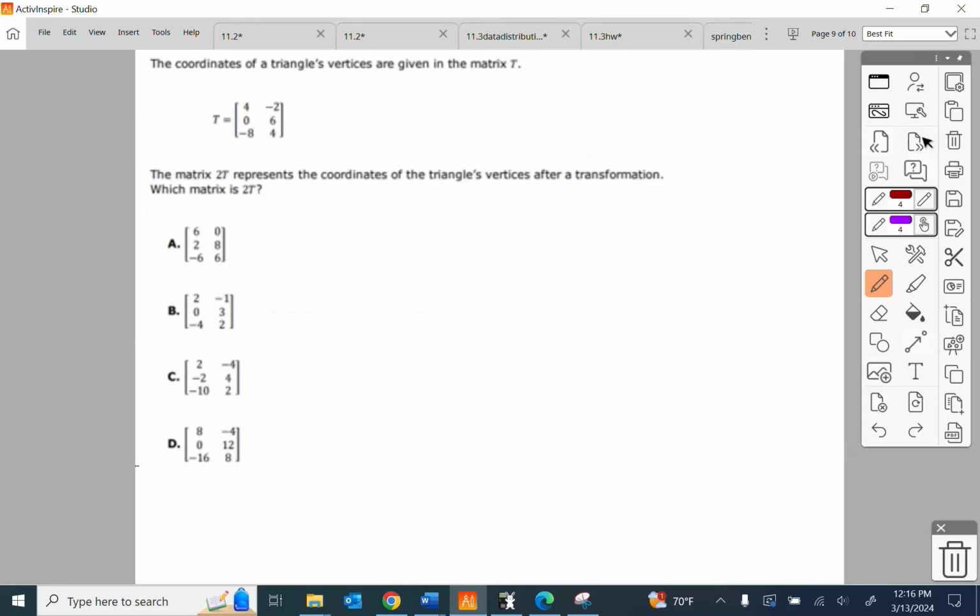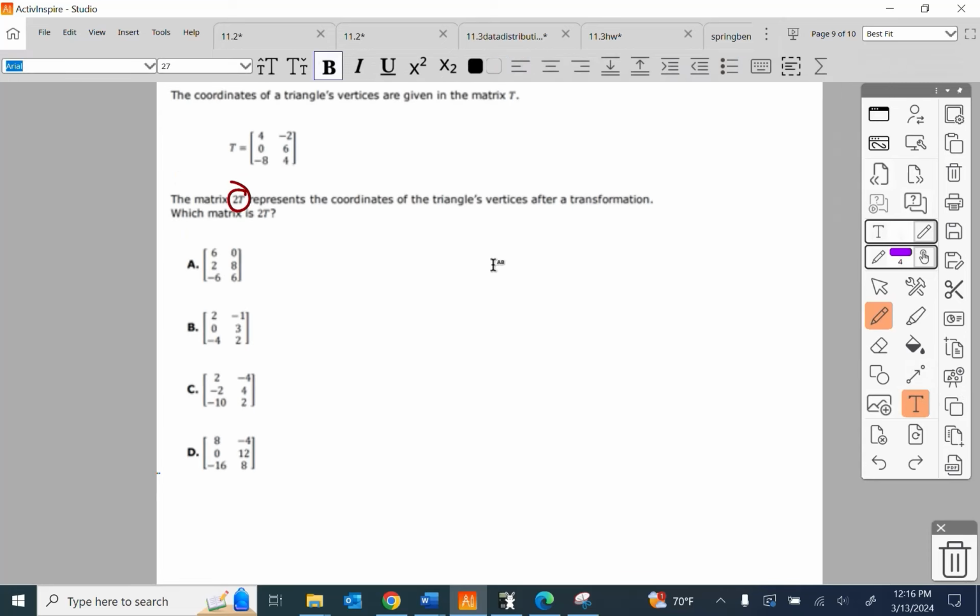The coordinates of a triangle's vertices are given in the matrix T. The matrix twice T represents the coordinates of the triangle's vertices after a transformation. What is twice T? Not that you want to be bored by concepts like this, but this is called scalar multiplication. That's all it is.